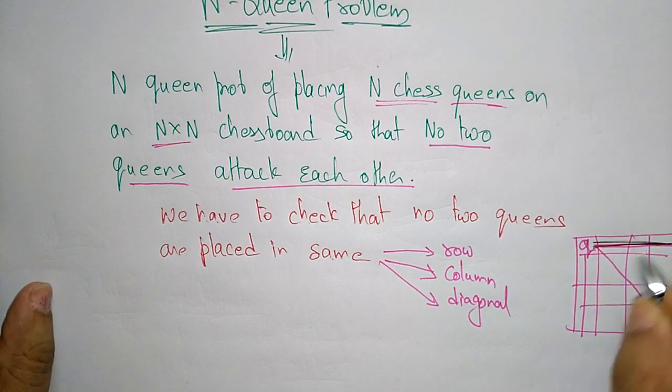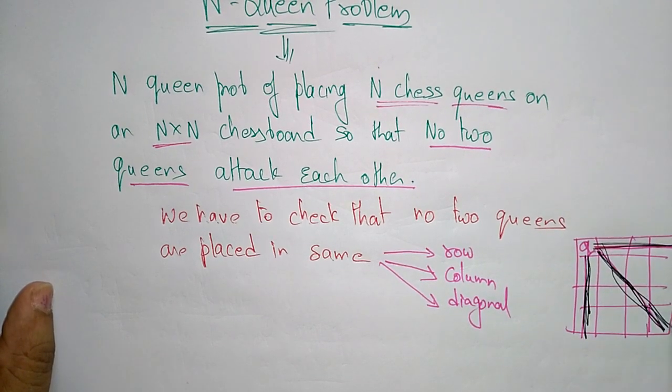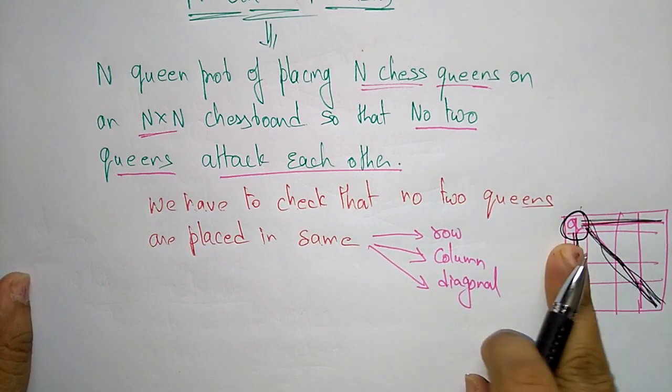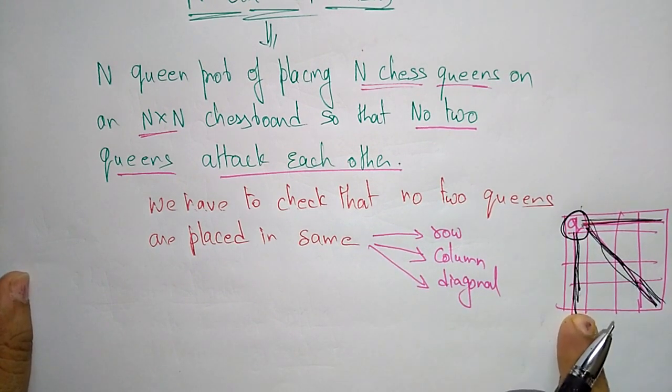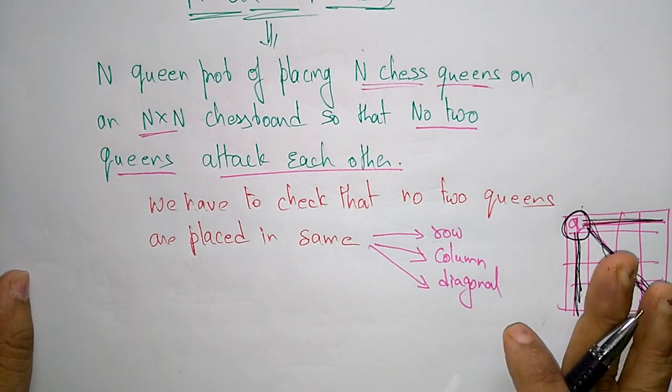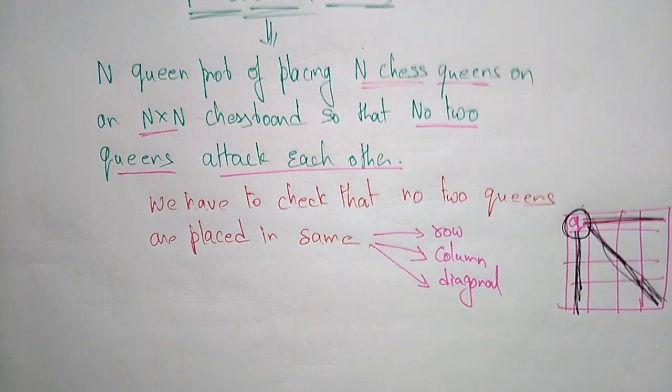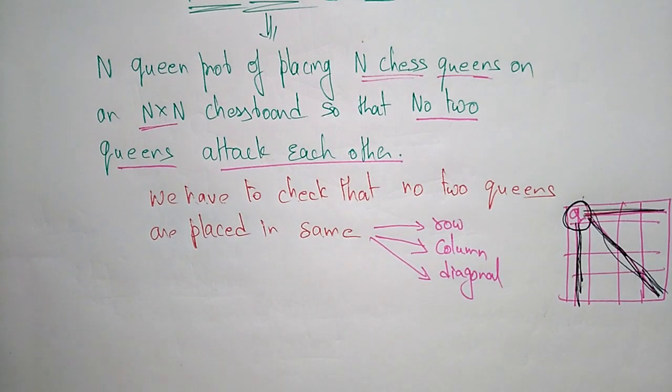You have to consider this while placing a queen. If you place like this, then no two queens will attack each other. So try not to keep all queens in a single row, try not to keep two queens in the same column, and check that the queens are not on the same diagonal.